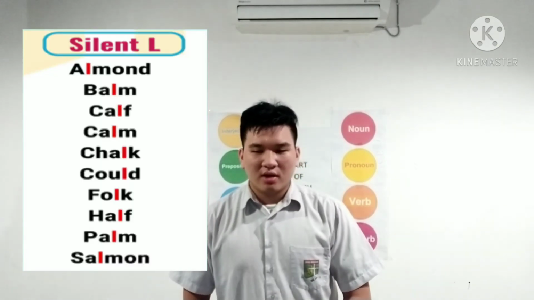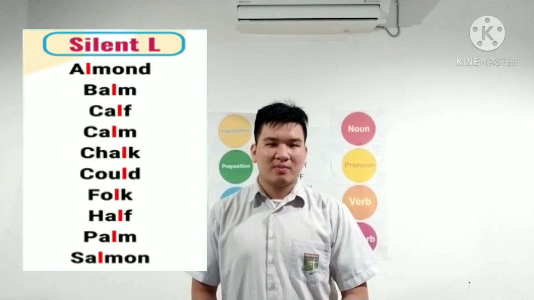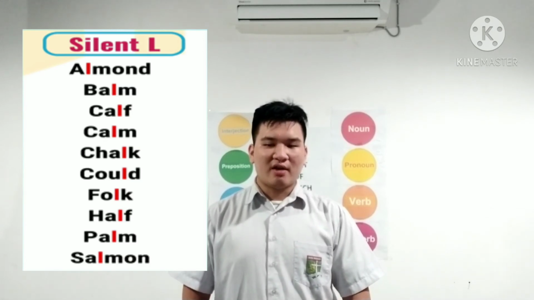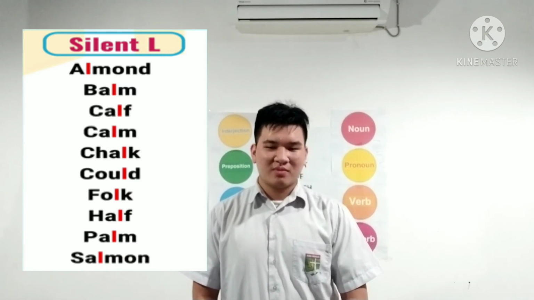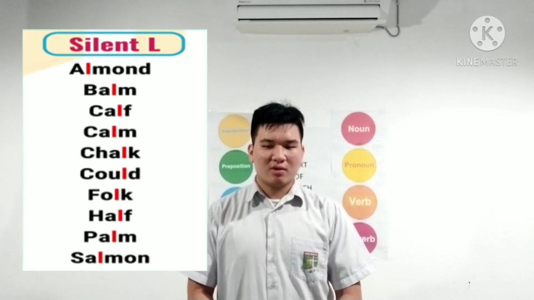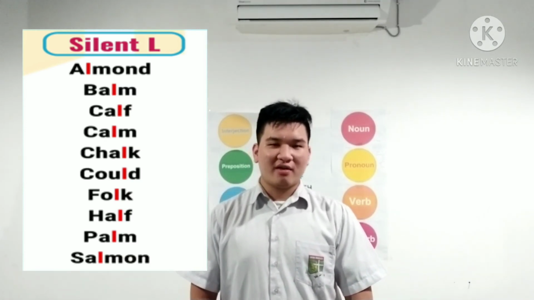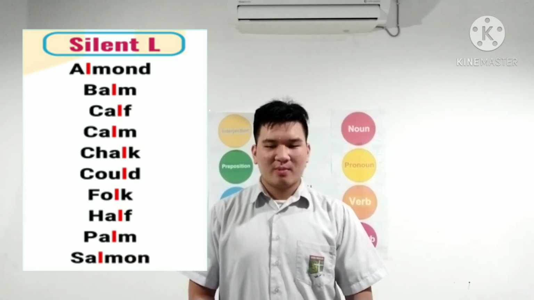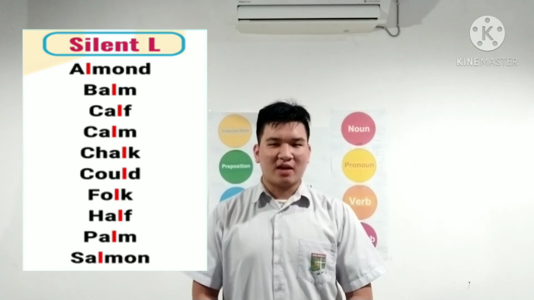And there are other examples for the silent L: almond, balm, calf, calm, chalk, could, folk, half, palm, salmon.